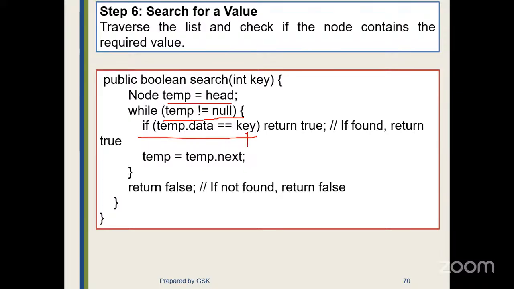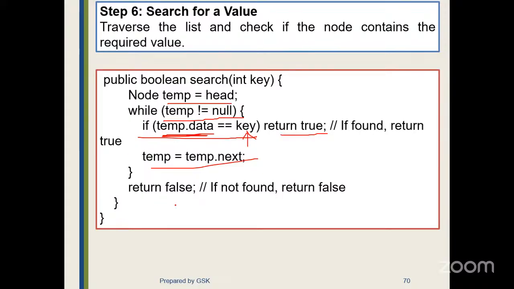Key is nothing but the element for which we are searching. Temp data means the data whatever you have in every node. So every node's data is going to be compared with the key element. If the key is found, we return true. And after that, in every iteration, we need to increment the pointer: temp equals temp dot next.